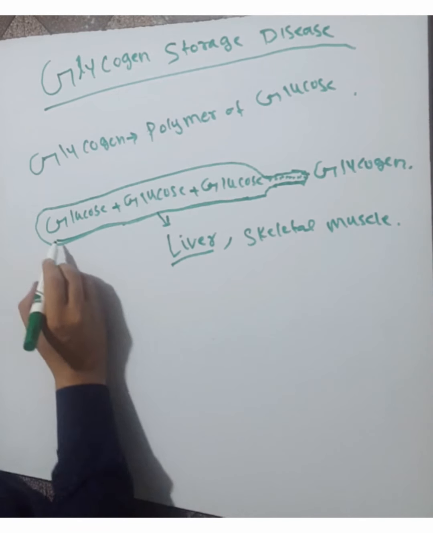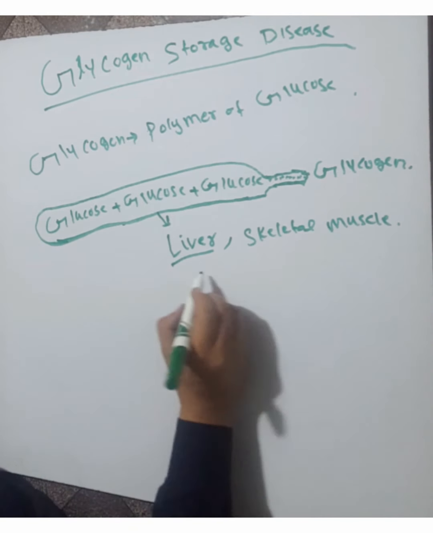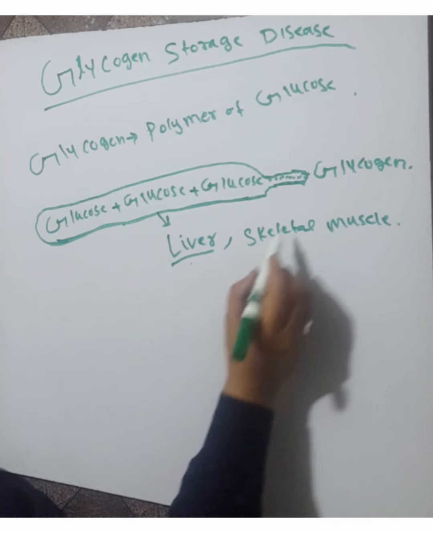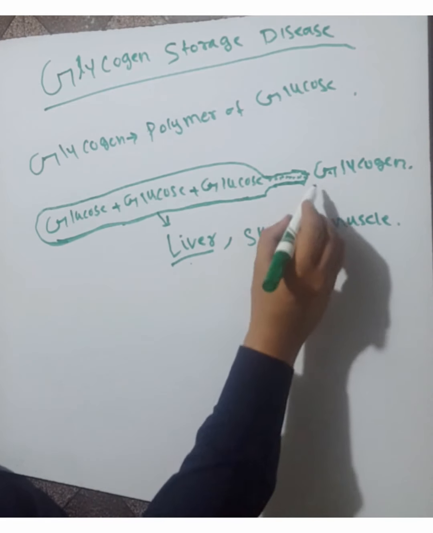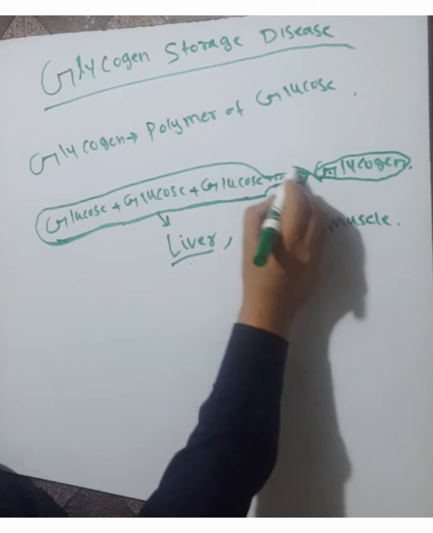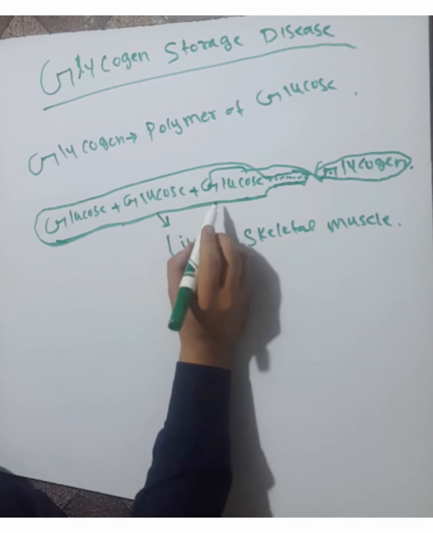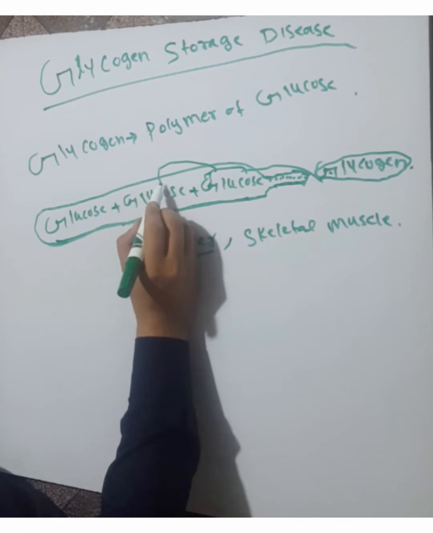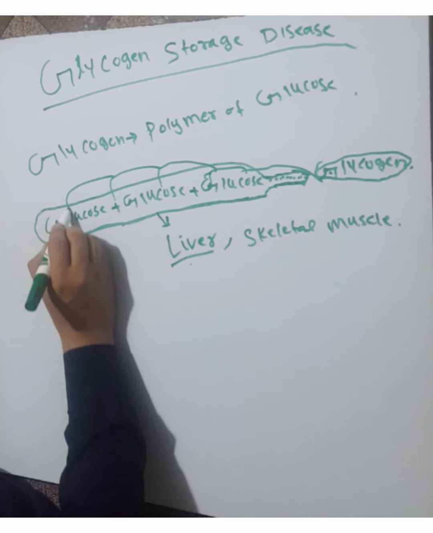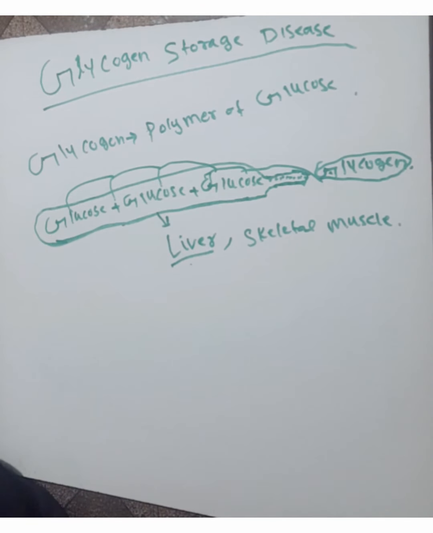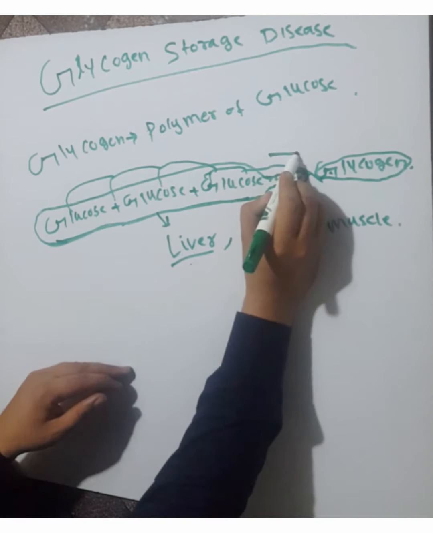When the body's glucose levels drop, this glycogen again converts into glucose molecules and maintains the blood glucose level. So they are interchangeable.